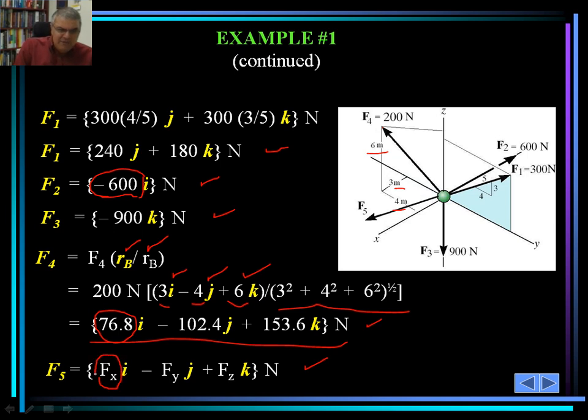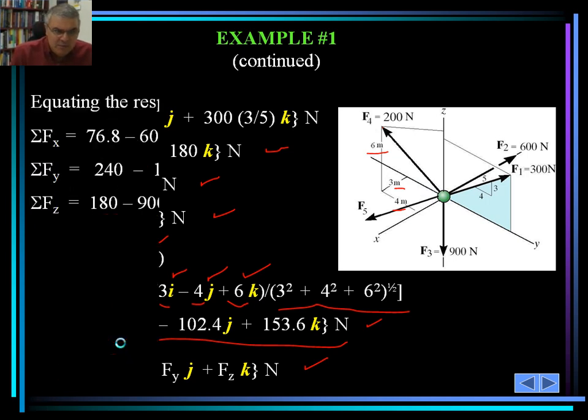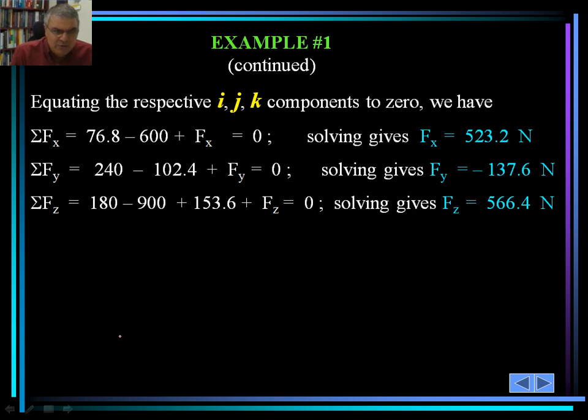So we take these 3 that are encircled, minus 600 plus 76.8 plus F sub x, and we set that to 0 as shown here. We solve for F sub x, and from here F sub x would be 523.2 Newton. Make sure you grab a calculator and go through these calculations as I am discussing it here.